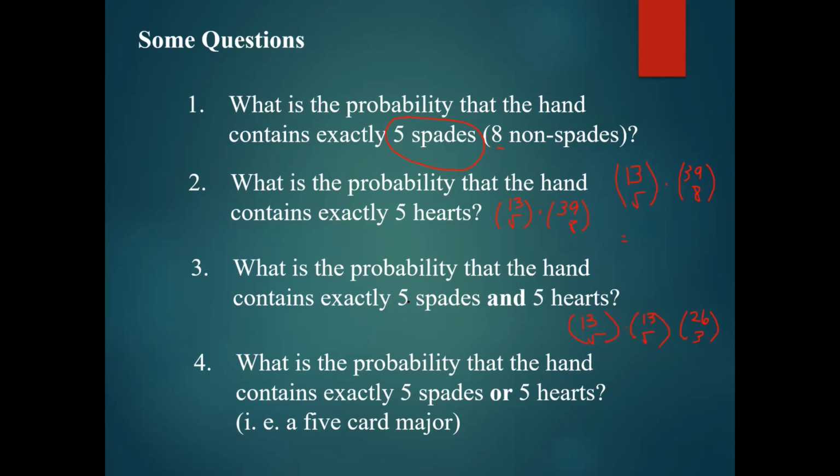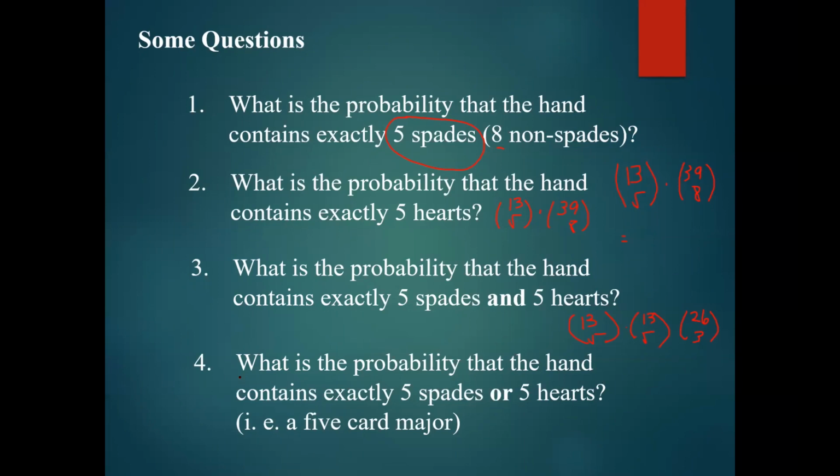Since a bridge hand consists of 13 cards and there are already 5 hearts and 5 spades, the remaining number of cards to fill is only 3. So that's 26 choose 3.